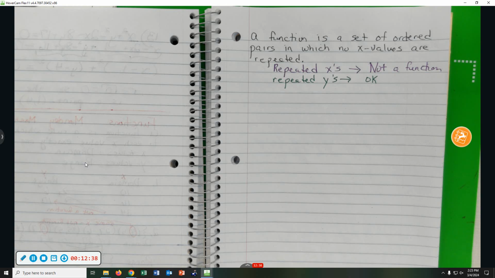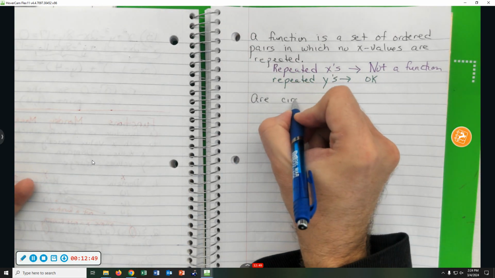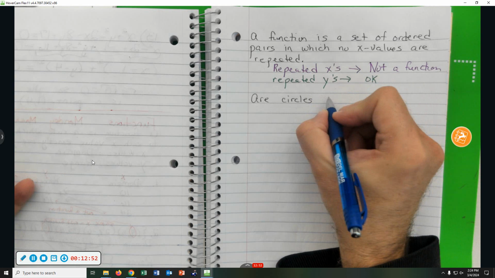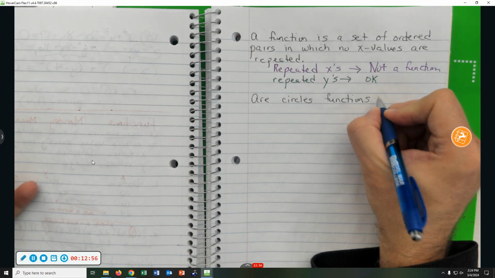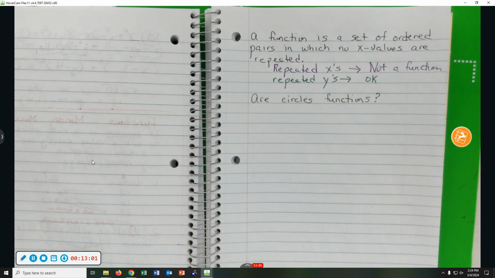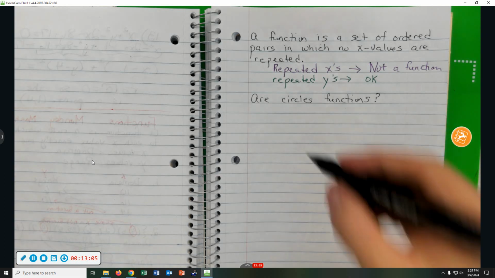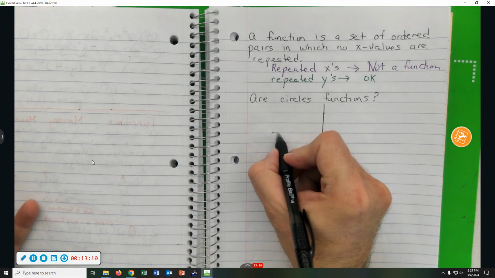A week ago today, we graphed circles, if I'm remembering correctly. And so here's a question. I remember the old Sullivan book used to have an assignment called one section, functions and circles. And I always thought that was strange. Okay. Are circles functions? Draw a circle centered at the origin. I'm going to pretend this is my graph paper.